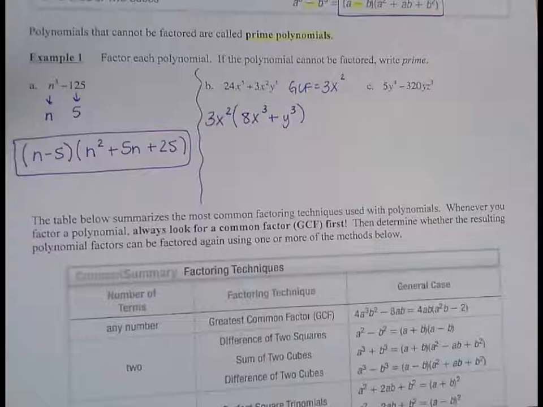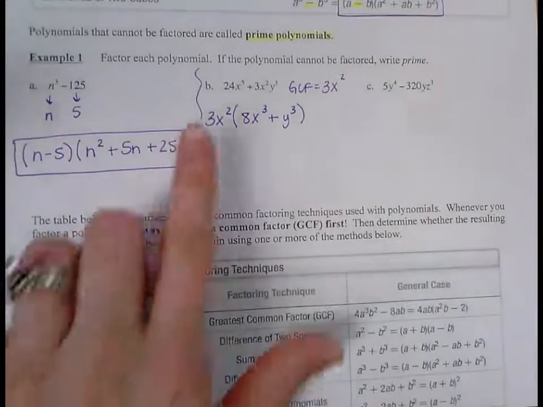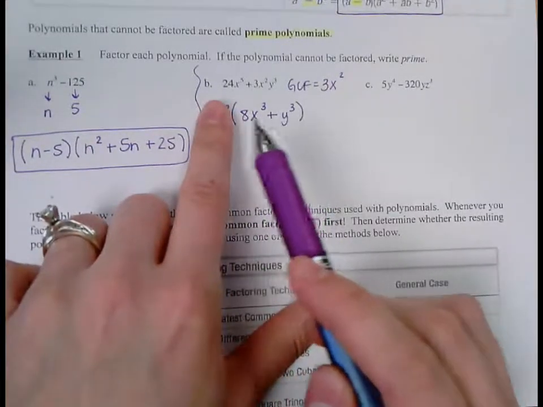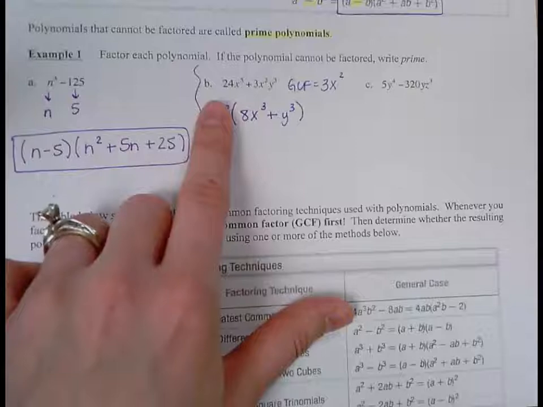Okay, so now that I've taken out the GCF, I'm just going to ignore the GCF for right now. I should still check, though, inside the parentheses, can I factor that more?